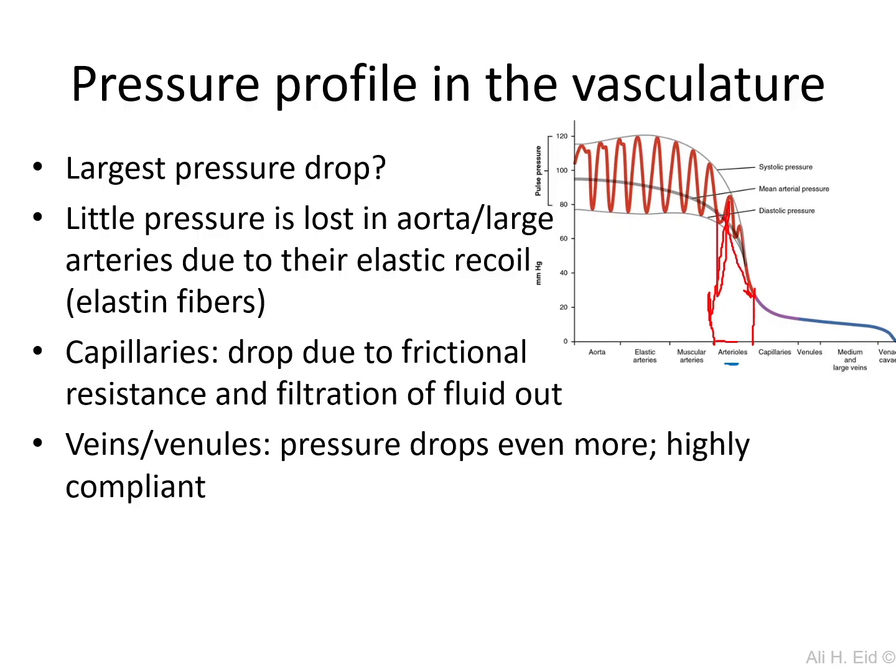It doesn't happen the same across muscular arteries, elastic arteries, the aorta, or capillaries. So the largest pressure drop is across the arterioles. If you remember, we finished last lecture by saying they have the highest resistance. And pulsations in the large arteries, both systolic pressure and pulse pressure, are higher than in the aorta. This is largely due to the following notions.